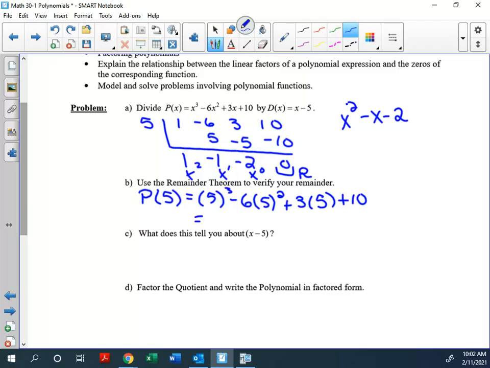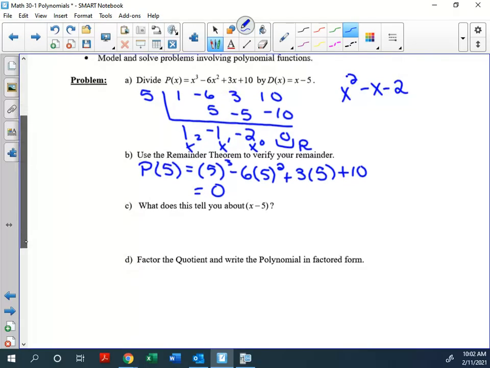Calculate it out. Okay, let's see here. 125 minus, that would be 150, so that'd be -25, plus 15 is -10, plus 10 is 0, but I knew it was 0, I just, I like math. So I proved it, I got the same remainder.